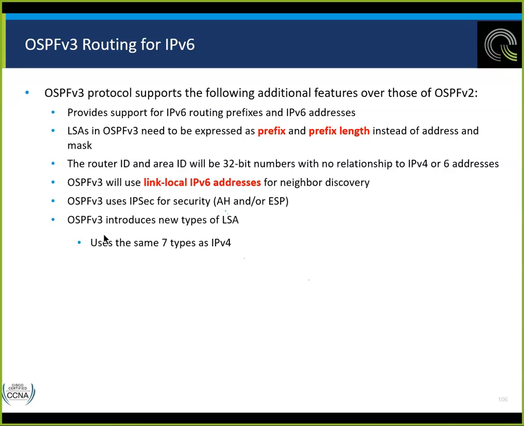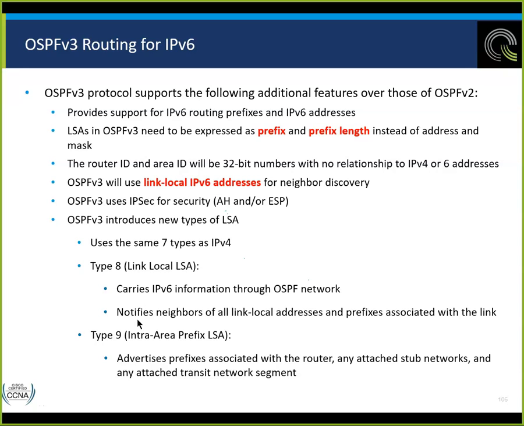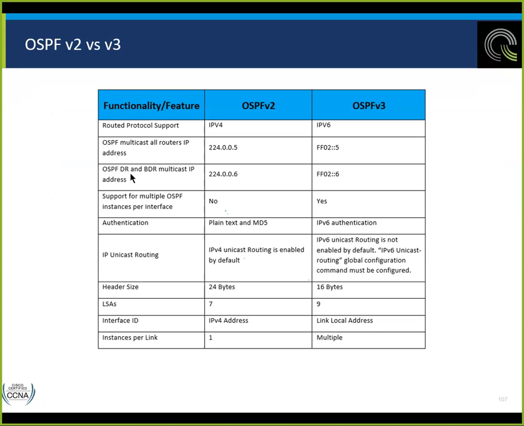The new link state announcements are the same as IPv4, and the type 8 is a link local link state announcement, and then the type 9 is going to be an intra-area. Another summary slide. What are the differences? Version 4, version 6, they're both multicast. Multicast for all routers, the IP address 224.0.0.5.